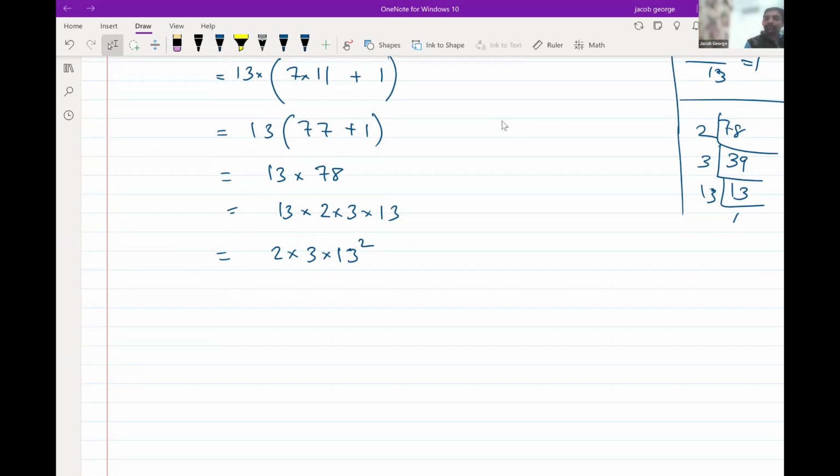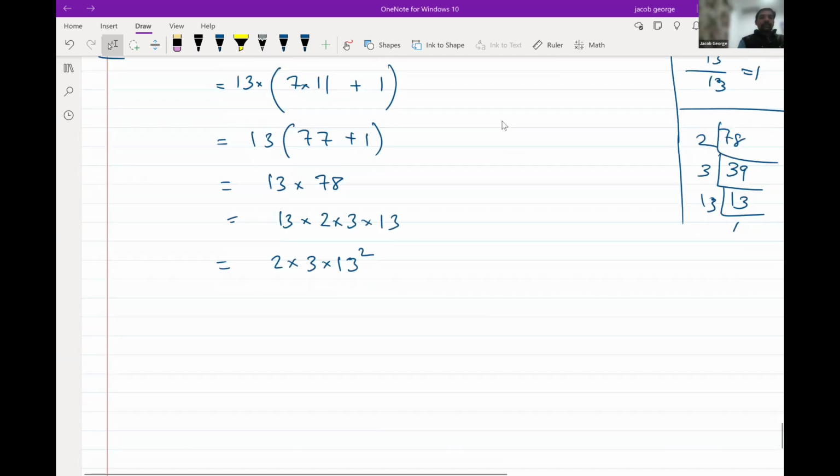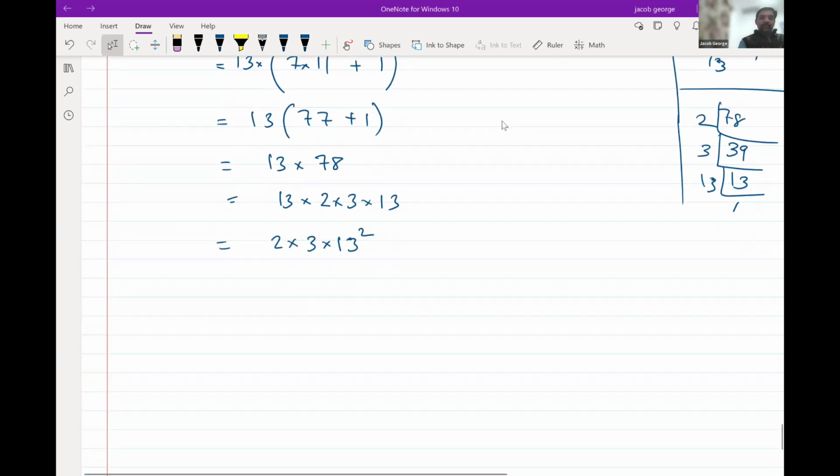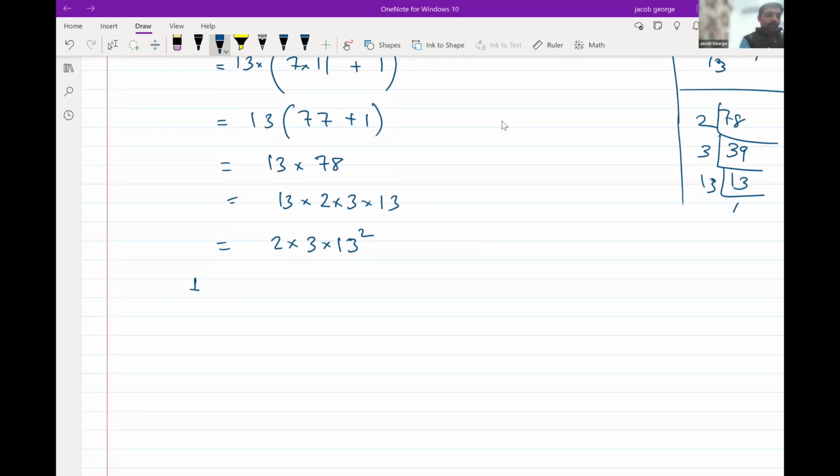So since it is expressed as a product of what type of factors?